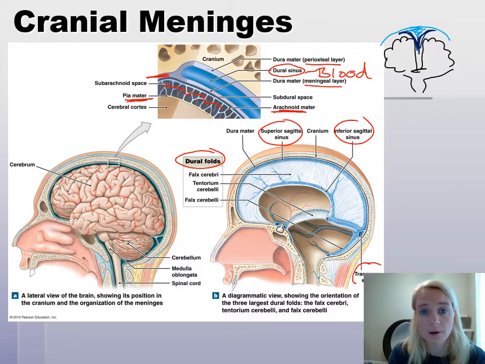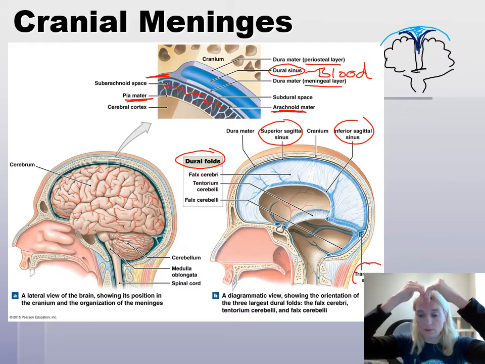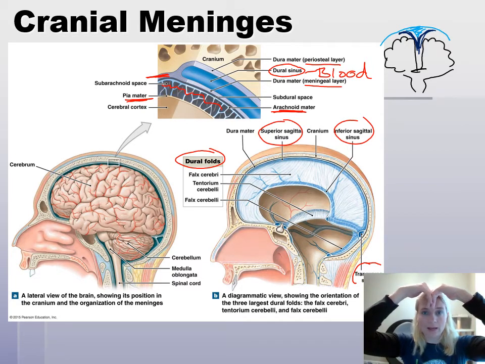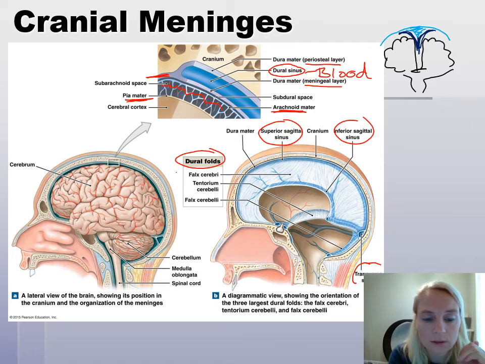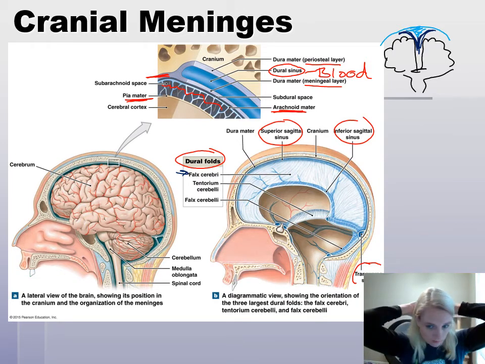And there's 3 of them that we have identified in this book. So the big one that I just kind of drew that goes like this and folds into underneath the sinus and folds into that lateral or the longitudinal fissure is what we call the falx cerebri. Okay. Then we have one that kind of comes in between the 2 cerebellar hemispheres back here.